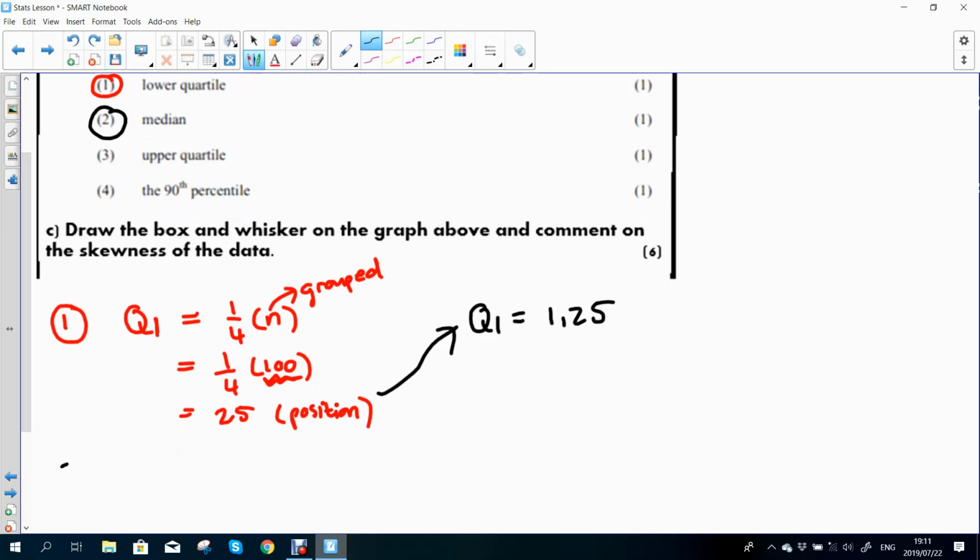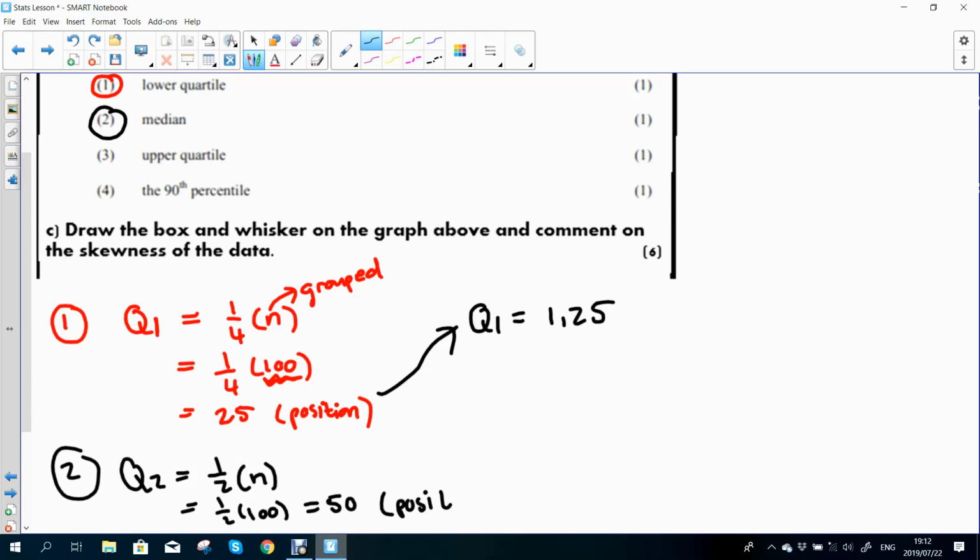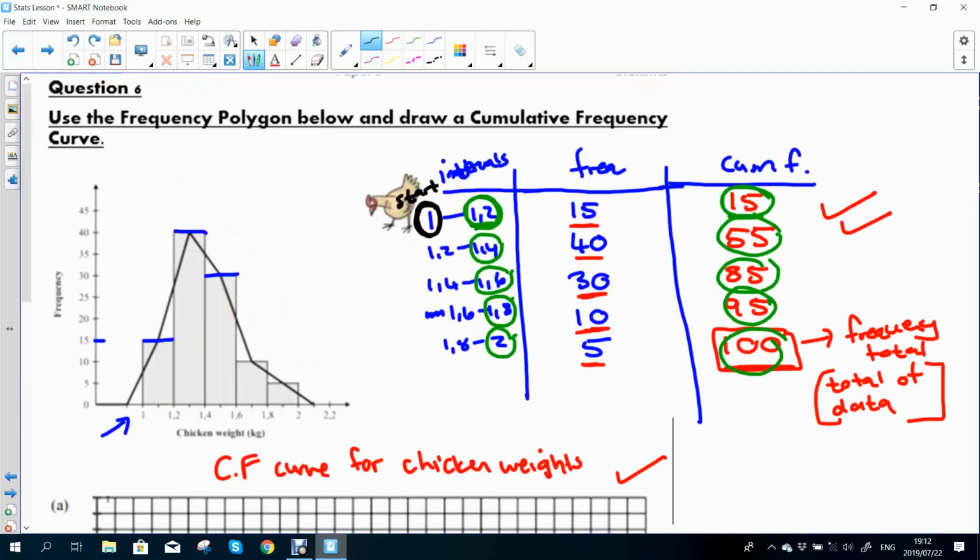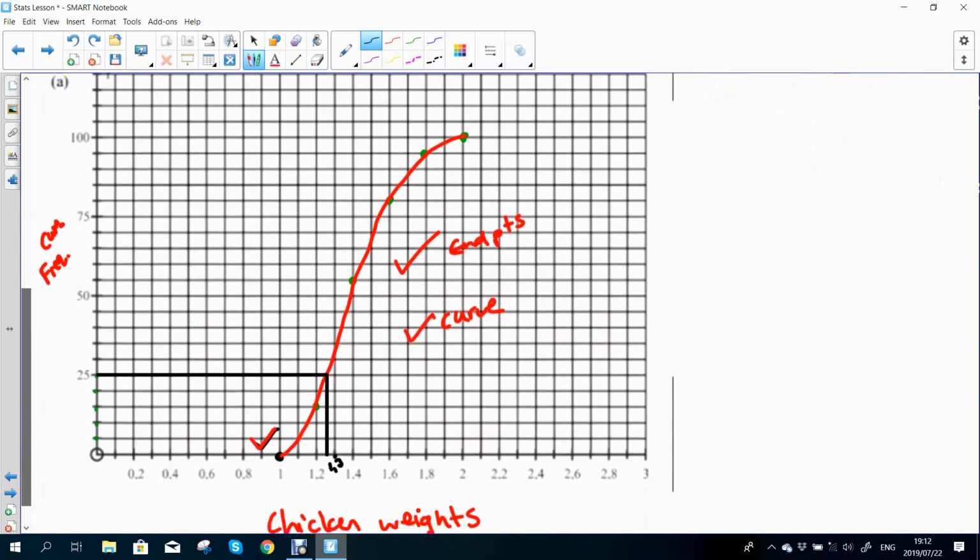Then how do I find the median? That is quartile 2, and there's a formula for that. It is a half times n, which gives me a half times 100, which is 50. Again, guys, this is your position. It is not your median. You still have to go find your median. So let's go back. Again, you're going to use your ruler.